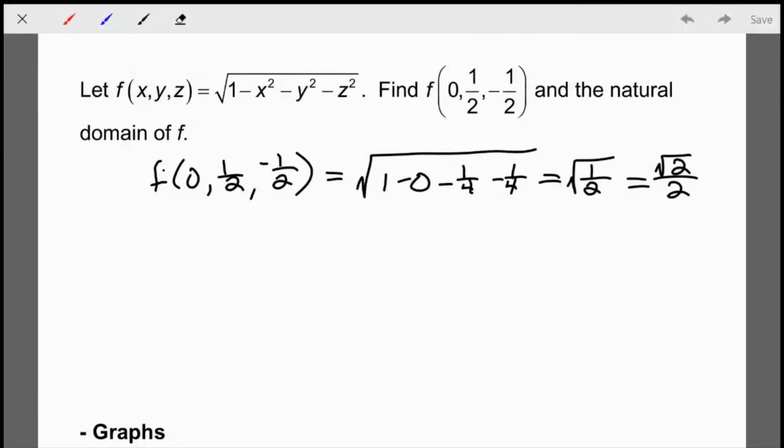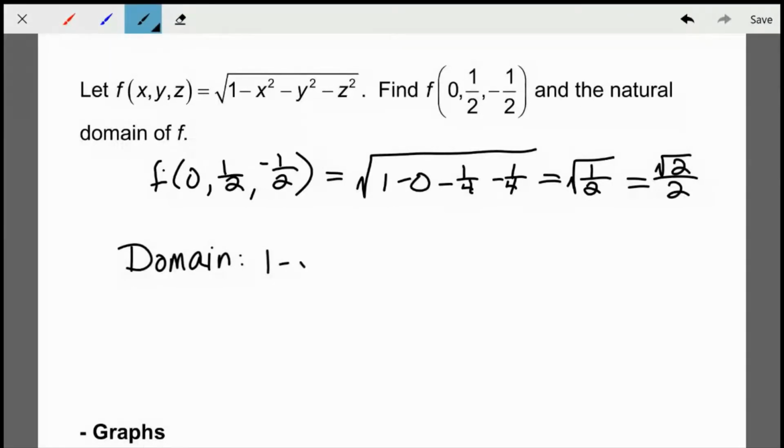Okay, so now let's talk about the domain. For the domain, it's a little different this time because we've got 3 variables in here, but we still are going to use our same, common understandings of things like square root functions in this case. We know that the radicand, the value inside the square root, has to be greater than or equal to 0.